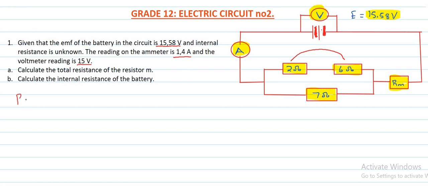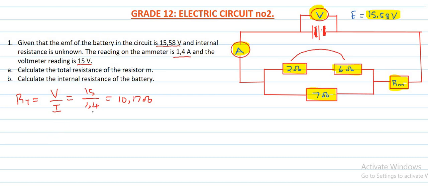RT is given by V over I, which is 15 over 1.4. 15 divided by 1.4 is 10.17 ohms. This is our total resistance of the circuit.